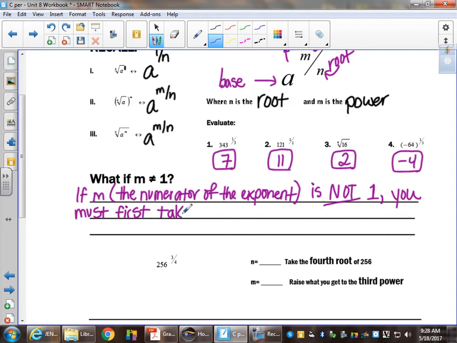Where is that root located? Good. Take the root, which is in the denominator.